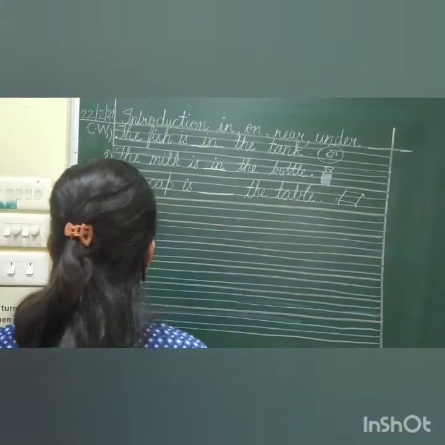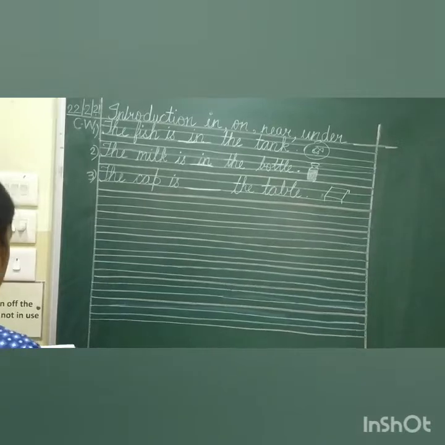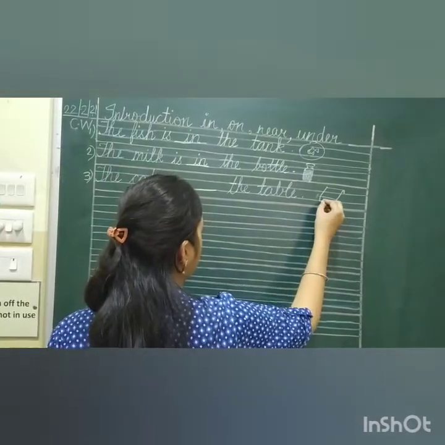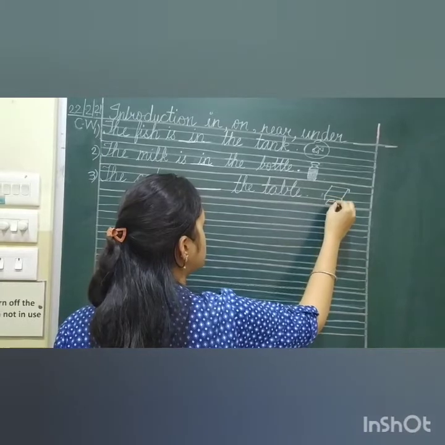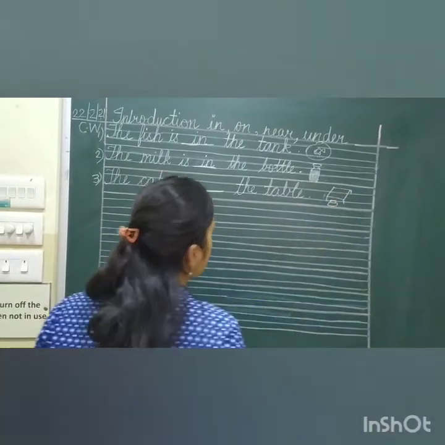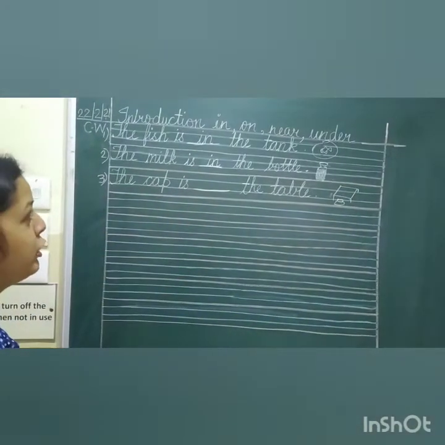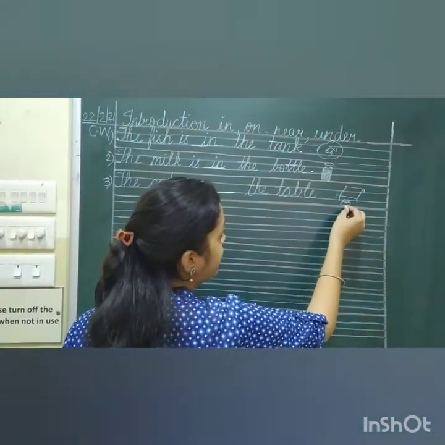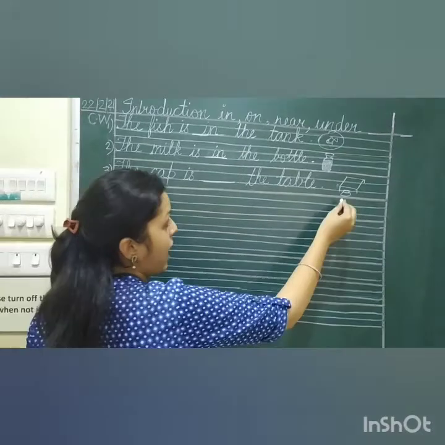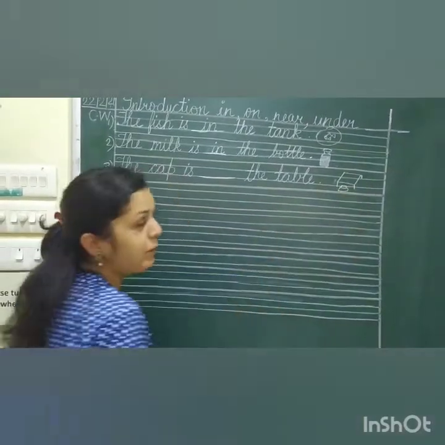Okay, and we are going to draw cap over here. Now tell me, what do you think the answer is? Table के नीचे cap है. The cap is under the table.